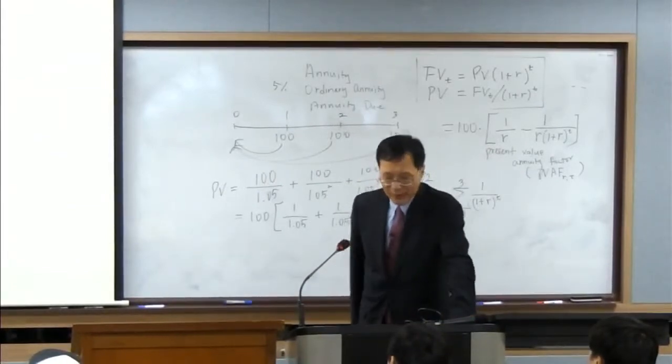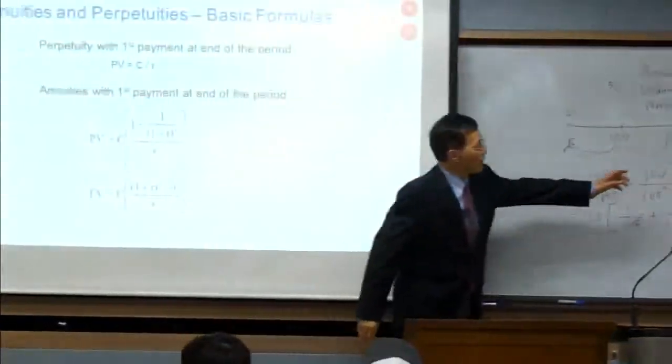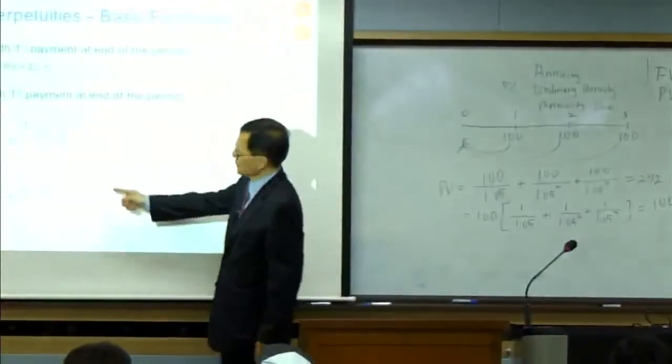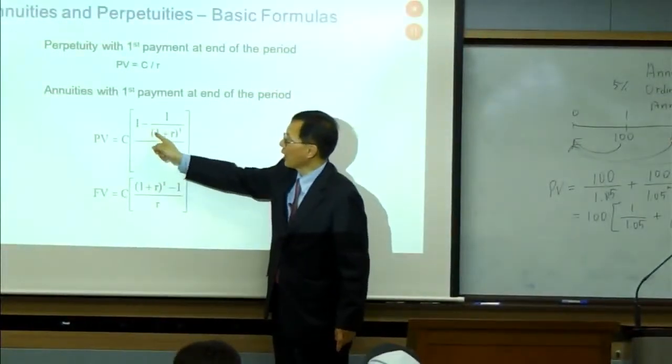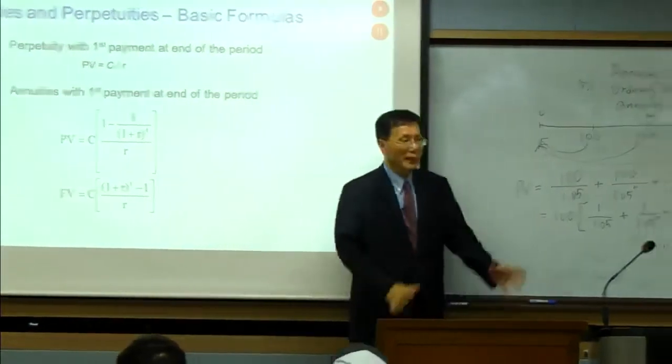This is the formula. This formula is the same as that formula I gave. Just bring R up there: 1 over R minus 1 over R times (1 plus R) to the 5th power.